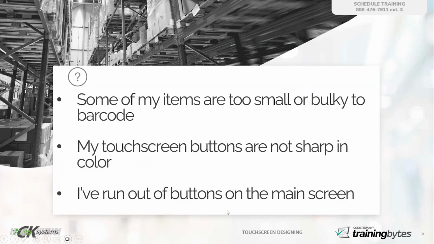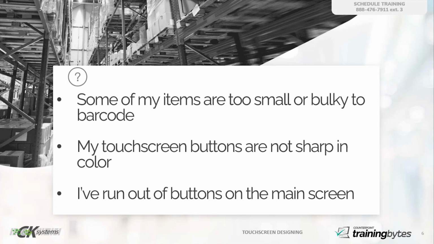I know a lot of you have merchandise that's awkward to scan, like furniture. Who's going to drag a couch up to point of sale, right? Or even jewelry tags. Jewelry barcodes, sometimes it's hard to catch the light on those scanners. So that makes just scanning items a little challenging. If you've recently upgraded your Counterpoint version, you may have also noticed that your buttons and touchscreen are very light and faded.